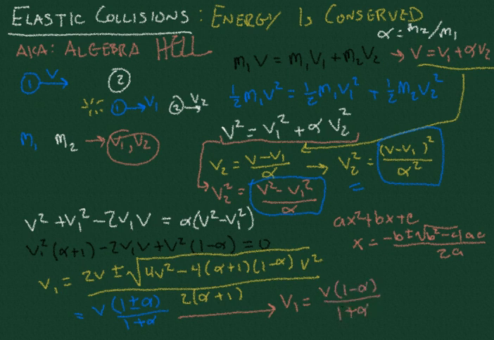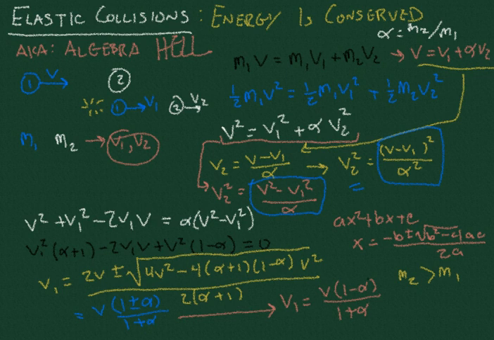Okay, so just to make one final comment about this solution that we get, notice that this tells us if alpha is mass 2 over mass 1. So if alpha is greater than 1, which means mass 2 is greater than mass 1, we see that means that v1 is going to move to the left, because this is going to become a negative term.